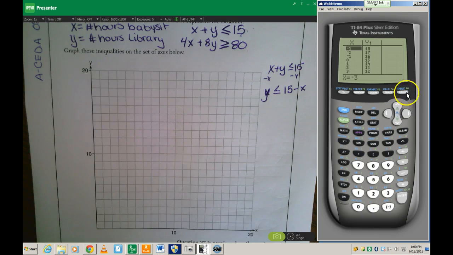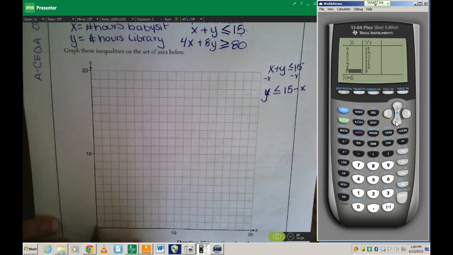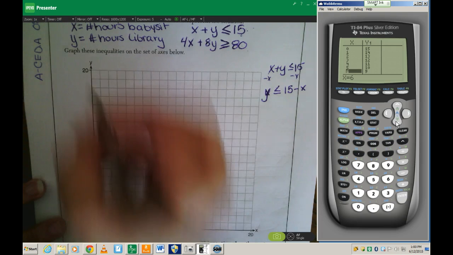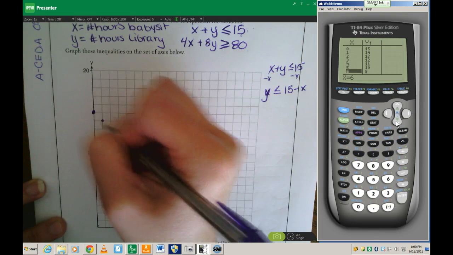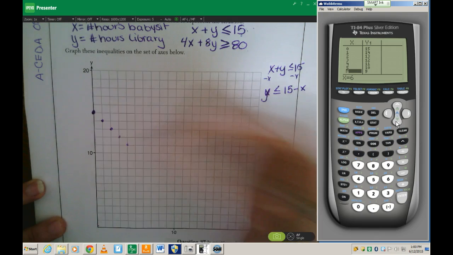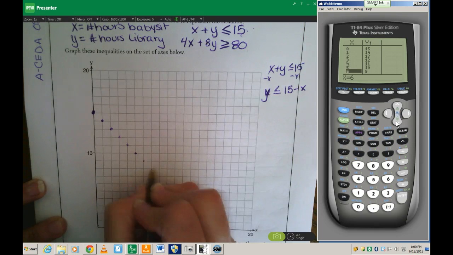Okay, so I'm going to hit second table so I can see my points, and I know my points start at 0. And then we have 15, 14, 13, 12, all the way down, and they just go down in a straight line. Okay.